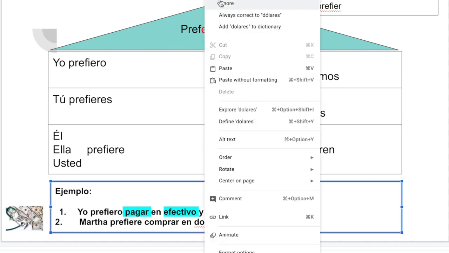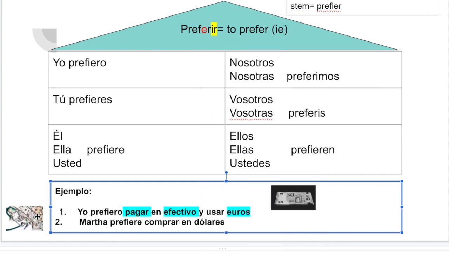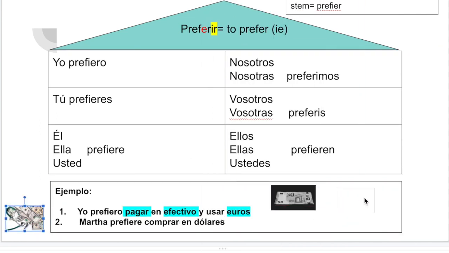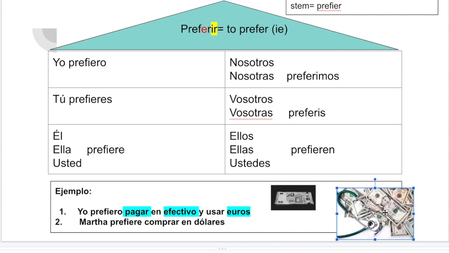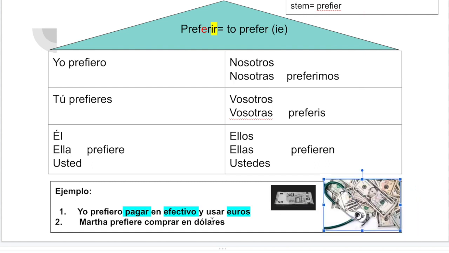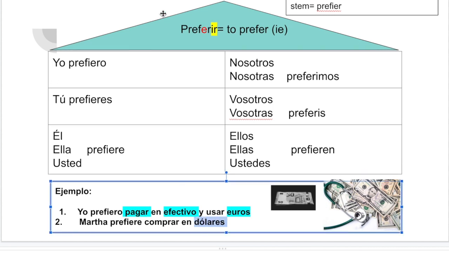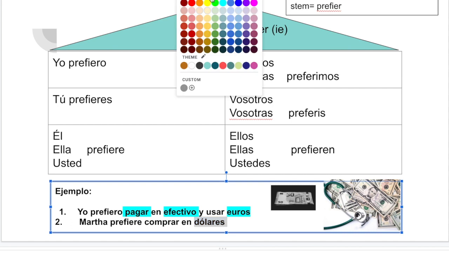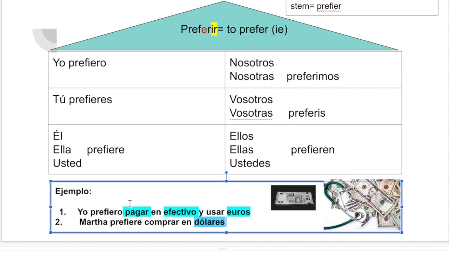Let's go over the vocabulary. So it will be Marta prefers to buy in dollars. So that's how you write dollars in Spanish. So we have pagar, to pay, efectivo, cash, euros, dólares, dollars, and preferir, to prefer, IR verb.